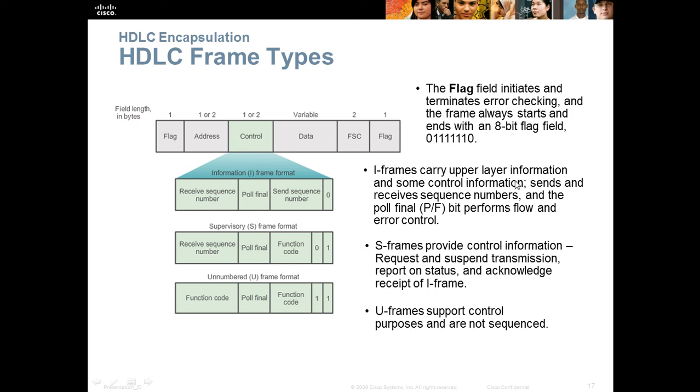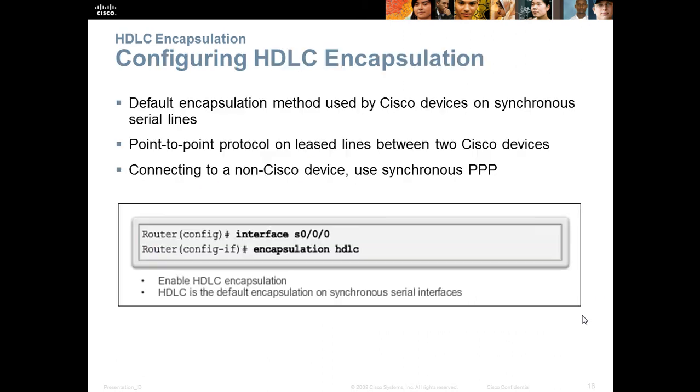I-frames carry the upper layer information and some control information, send and receive sequence numbers, and the poll/final bit performs flow and error control. The S-frame, or supervisory frame, provides control information, requests and suspends transmission, reports on status, and acknowledges receipt of information frames, or I-frames. The U-frame is an unnumbered frame format which supports control purposes and is not sequenced.